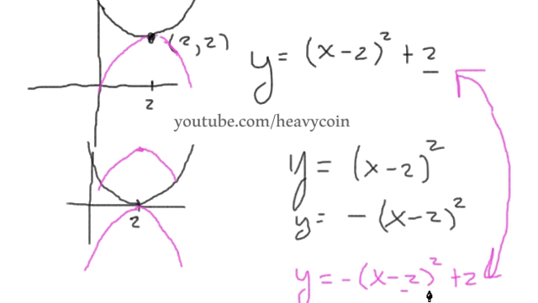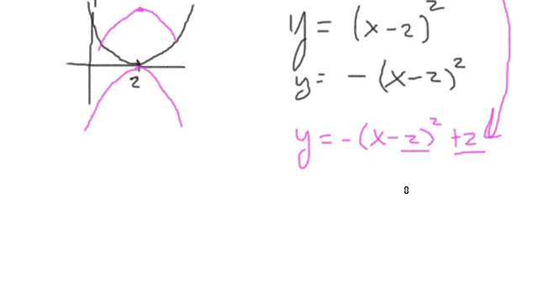So if you haven't realized yet, these two numbers right here are the key numbers to finding our vertex.